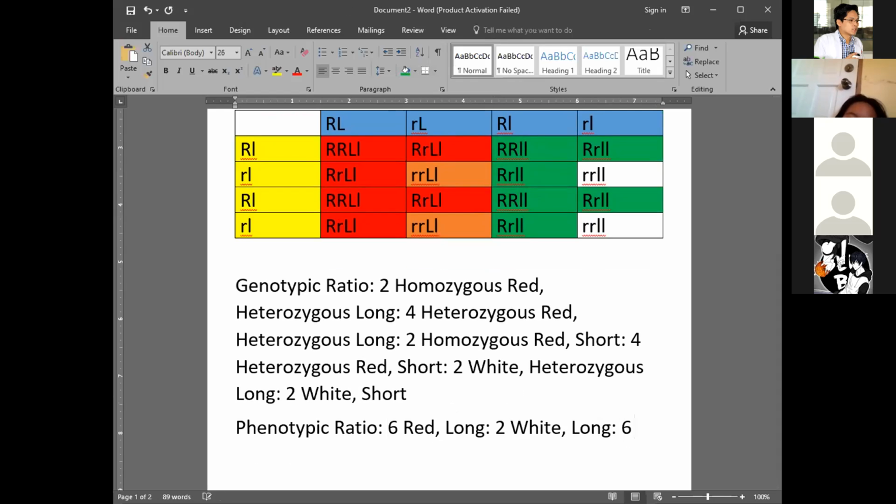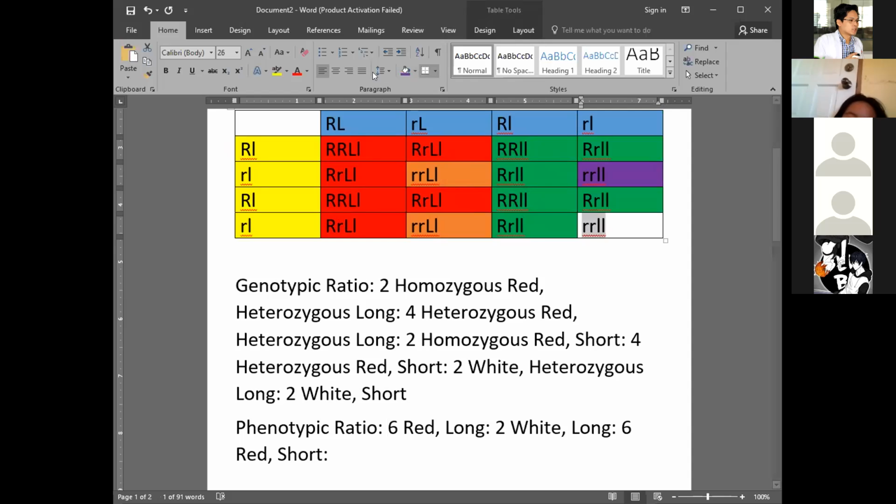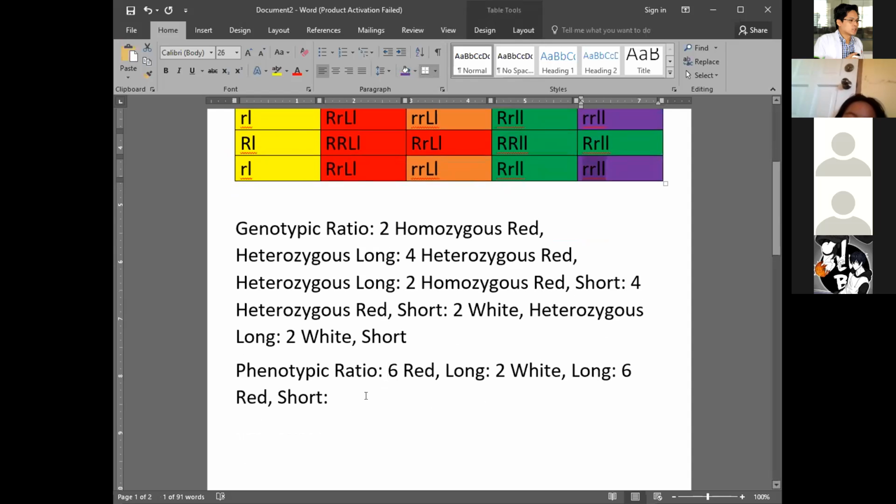Correct. 6 red short is 2. 1, 2 and 2 white short. So these are now your genotypes. We have 6 red long, 2 white long, 6 red short, and 2 white short.